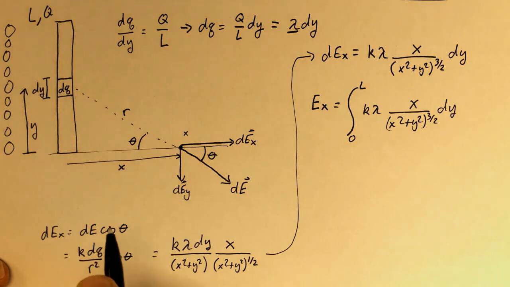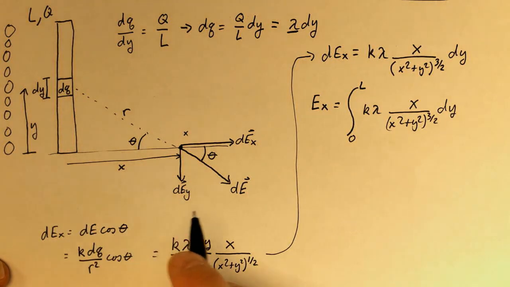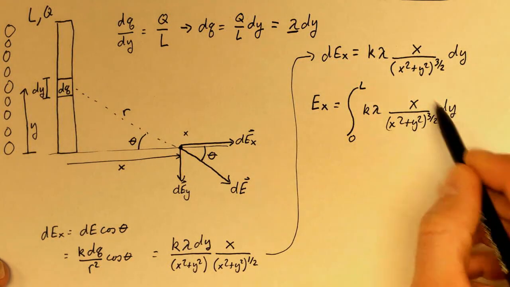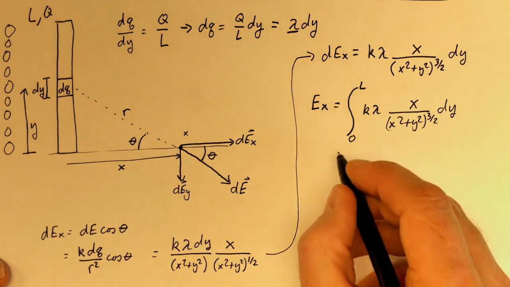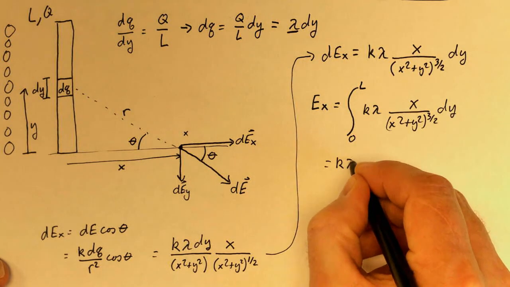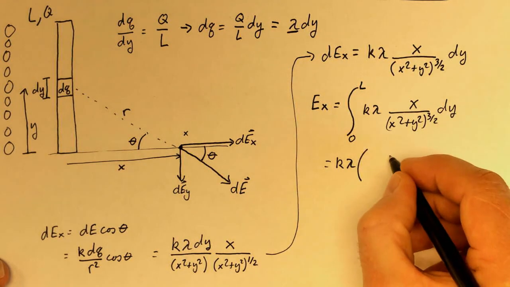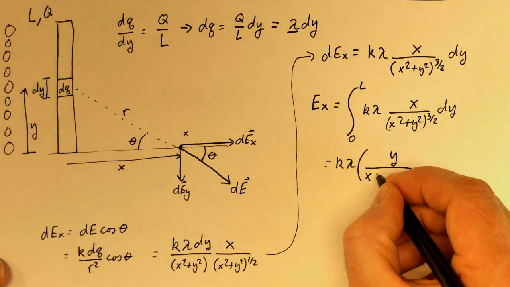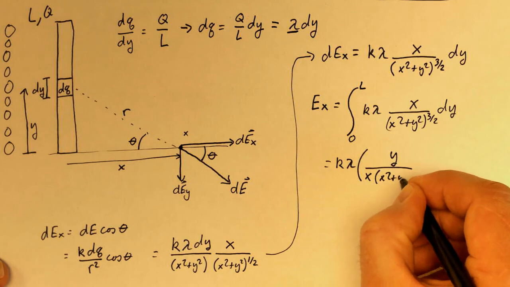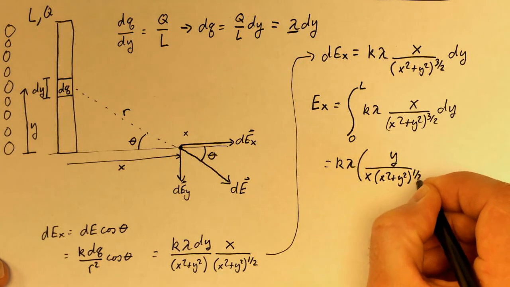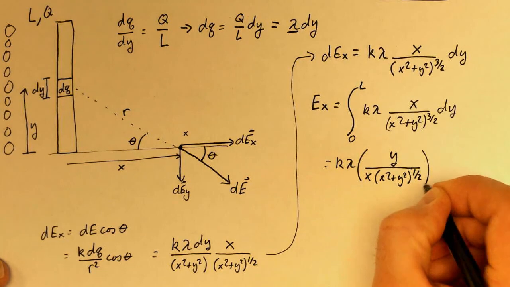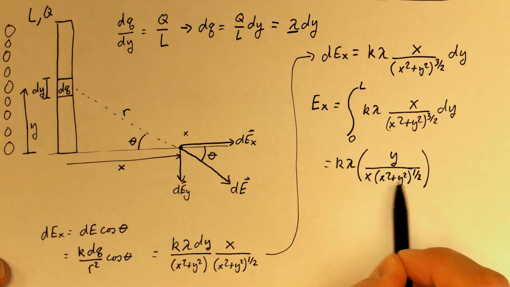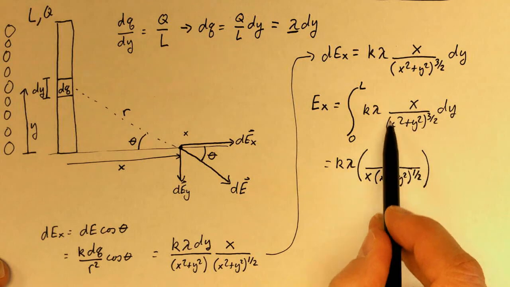Now I can leave it to you for a calculus problem, but the solution to this form of an integrand, pulling those constants out, is y over x times the square root of x squared plus y squared. That is, if I take the derivative of this with respect to y, I will get this.